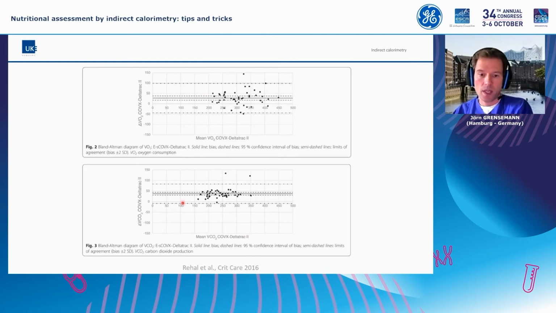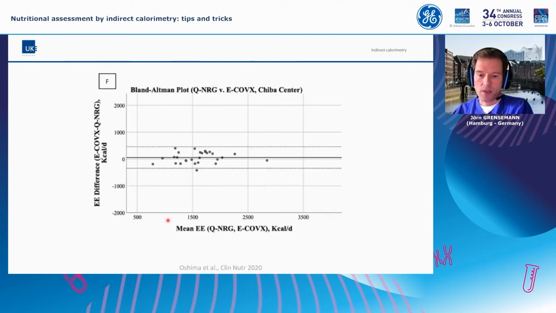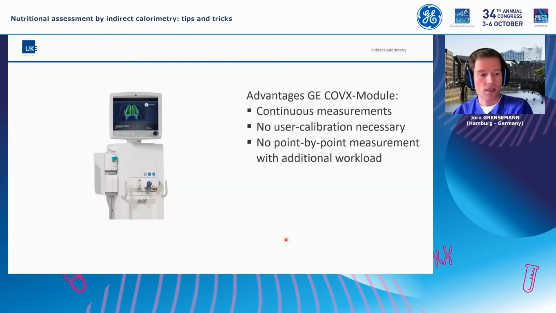We have virtually no bias and very good precision, and compared to a current different calorimeter, we have no bias at all and a very, very good precision for this technology. So the advantages of the GE technology are that we have continuous measurements and we do not need a user calibration, and it just runs along the ventilation of the patient.